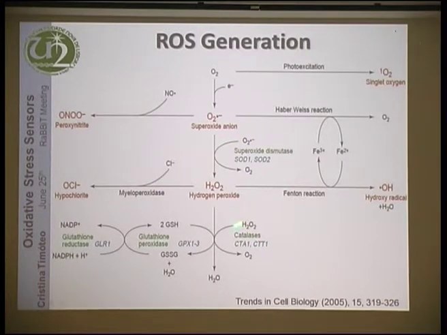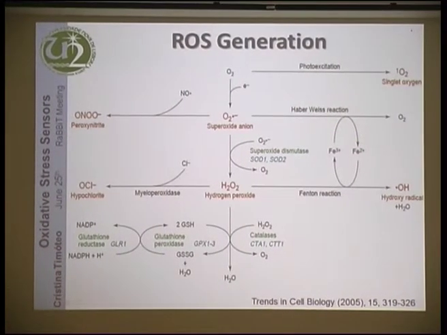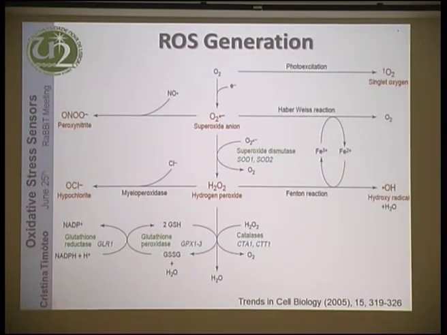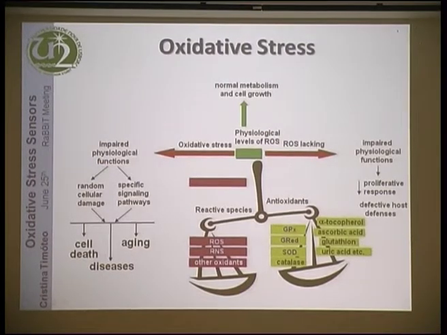And hydrogen peroxide, if it meets iron 2, by the Fenton reaction produces hydroxyl radical. And hydroxyl radical is one of the main oxidative species in the organism.